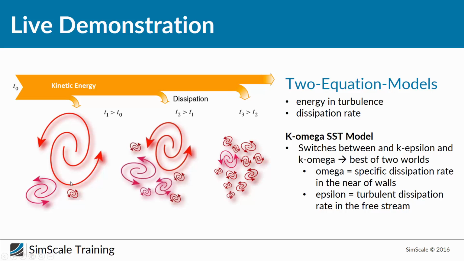And here you can see basically two things which are characterizing turbulence. The energy of the turbulence at any point, like the velocity of the flow at any point, and how much it is dissipated. And for this, by the way, there are a lot of turbulence models out there, but the most industry relevant turbulence models are so-called two-equation turbulence models, which are based on two additional transport properties, which are for sure not existing in reality.